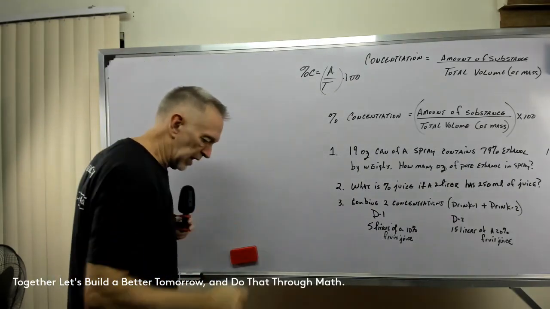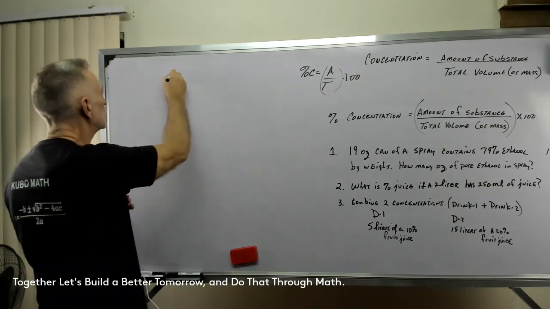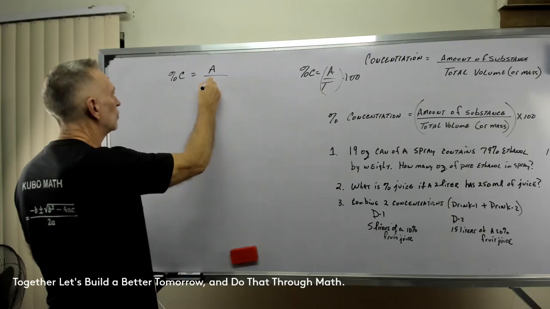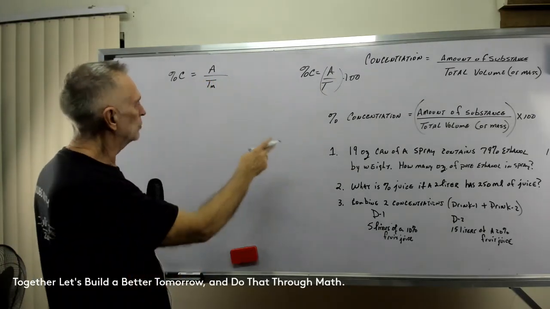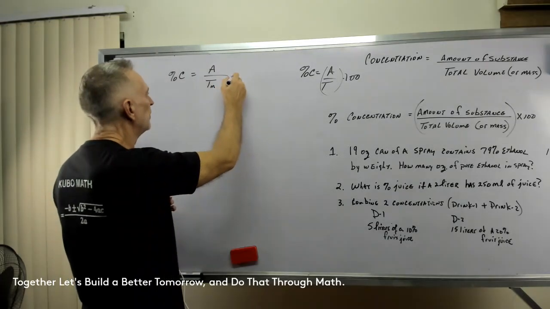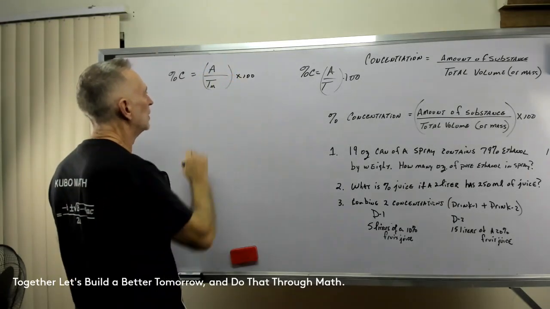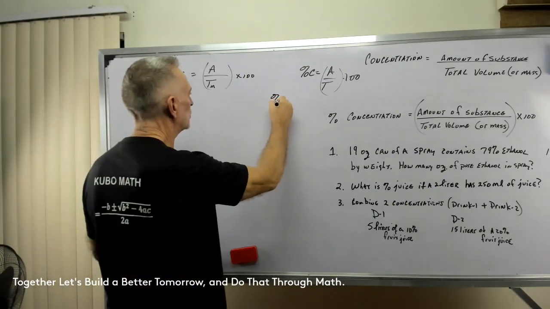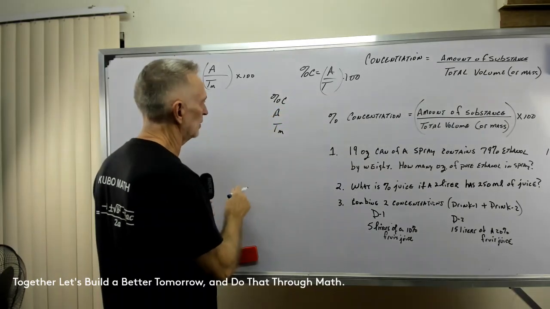Okay, so if we have the percent concentration equals A over total mass. In this case, we had ounces, so we had some unit of weight. And all of that's times 100. Now, in our case, what is it we have? We have percent C, A, T sub M in this case.